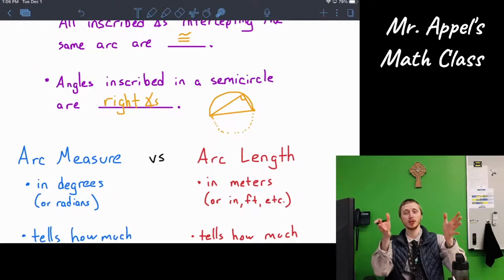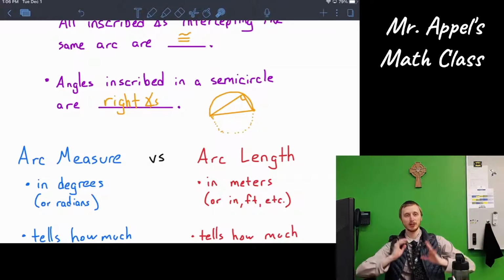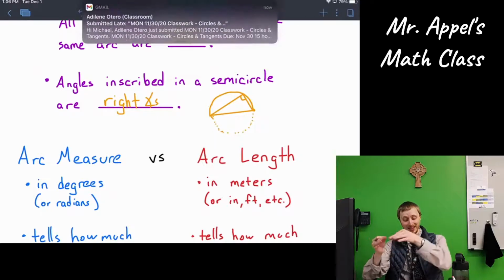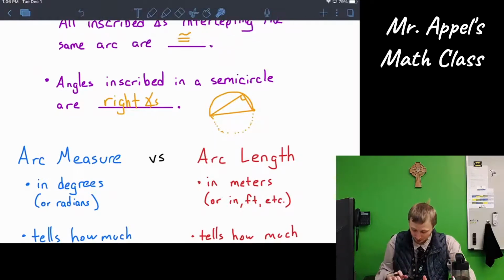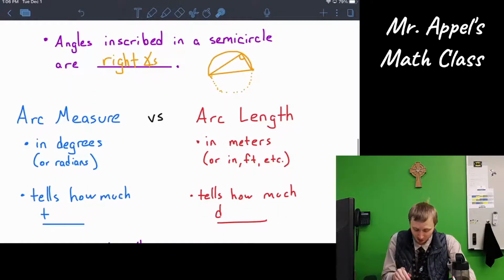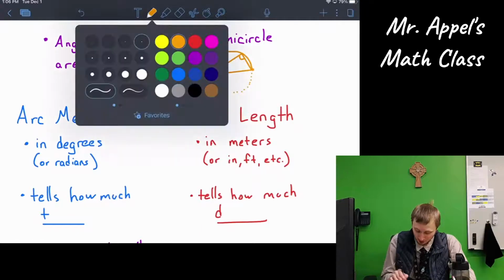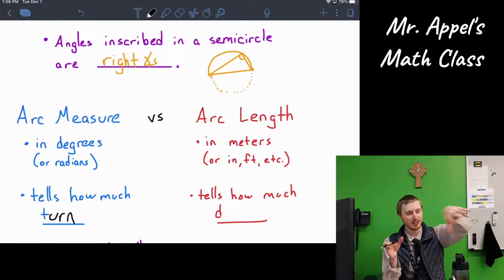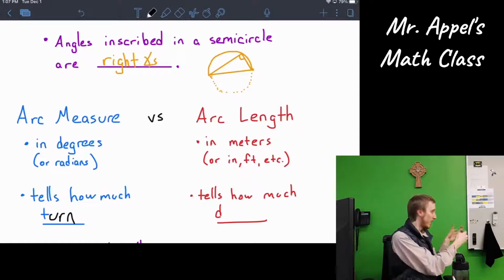So the arc measure is a direct correspondence with that central angle. It's measured the same way, same size, same units. Whereas arc length is a distance. In fact, let's write that down as well. An arc measure tells us how much turn you've done inside the circle, how much you have rotated around.